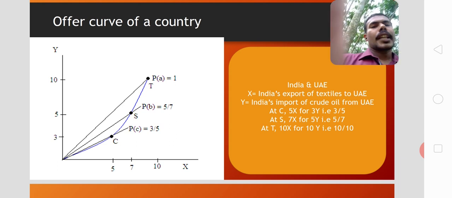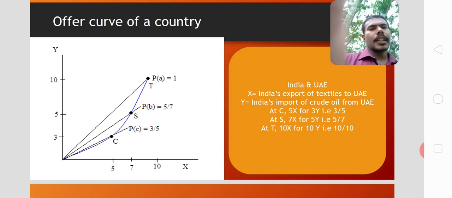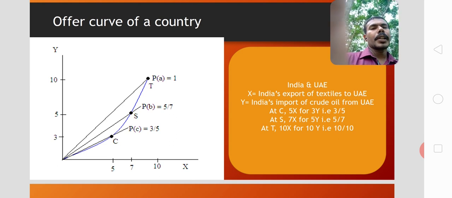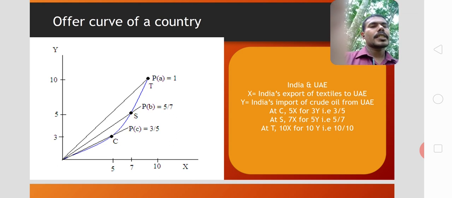Coming to the second point, that is S, India receives 5 units of crude oil from the United Arab Emirates, and we give 7 units of India's commodity, textile, then the ratio is 5 by 7.